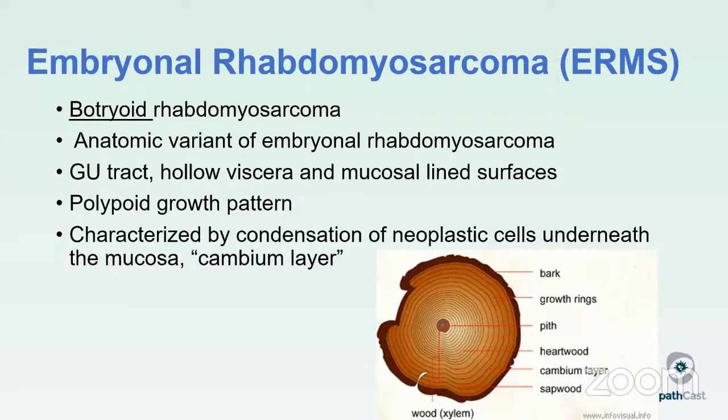A quick word on botryoid rhabdomyosarcoma. It's a subtype of embryonal rhabdomyosarcoma, but it's really an anatomic variant of it. It occurs in the GU tract, in hollow viscera, mucosal-lined surfaces. It has a polypoid growth pattern and is characterized by condensation of neoplastic cells underneath the mucosa, the so-called cambium layer.